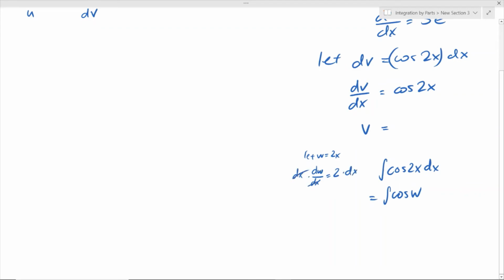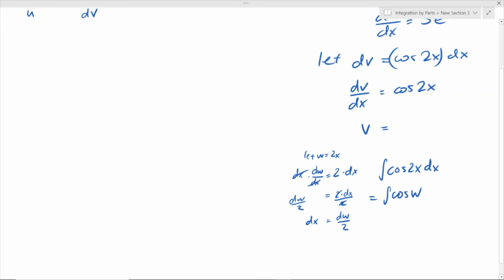And then dw is going to be equal to 2 times dx. Now from here we can isolate for dx, so we're going to divide both sides by 2 like that, and then dx is going to be equal to dw over 2, right? Because these cancel, dx equals dw over 2.